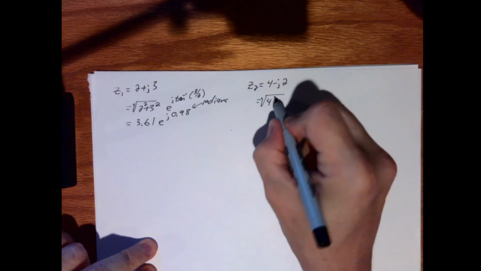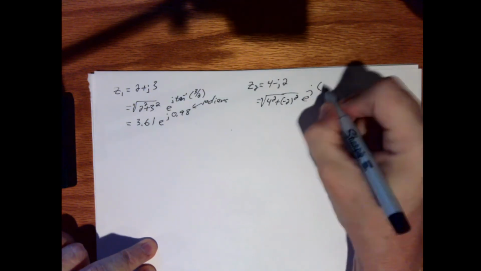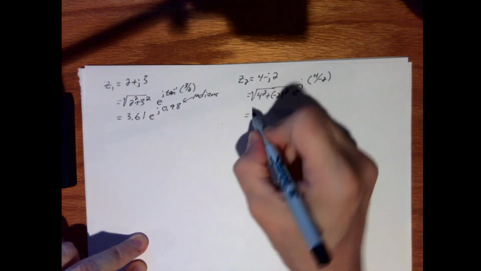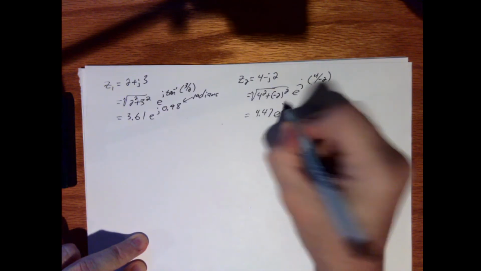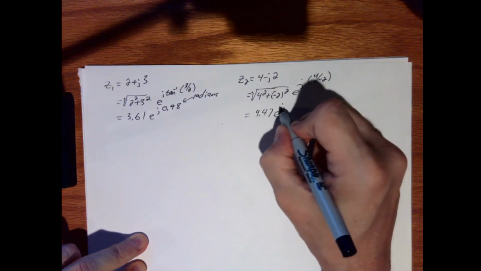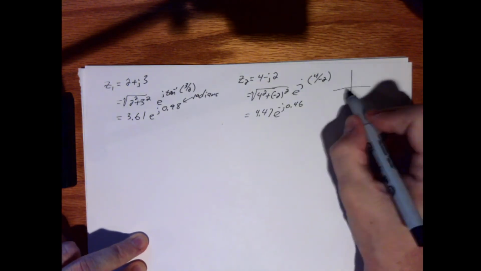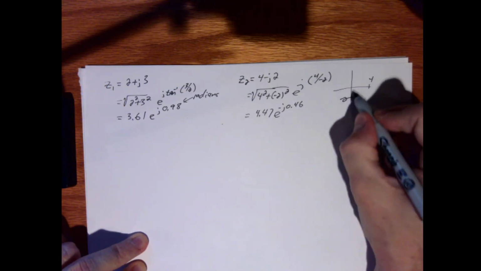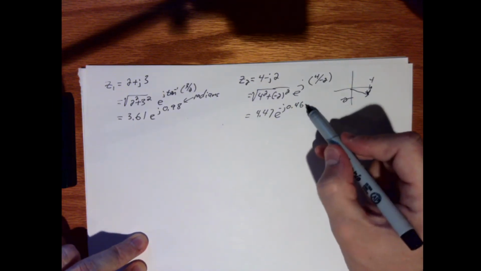For this number, this becomes the square root of 4 squared plus minus 2 squared, e to the minus j arctangent of 4 divided by minus 2. And this simplifies to 4.47 e to the j minus 0.46. So where's this vector at? Well, here's our 4 over here. Our minus 2 is here. So it's really this angle here that I just calculated in radians.